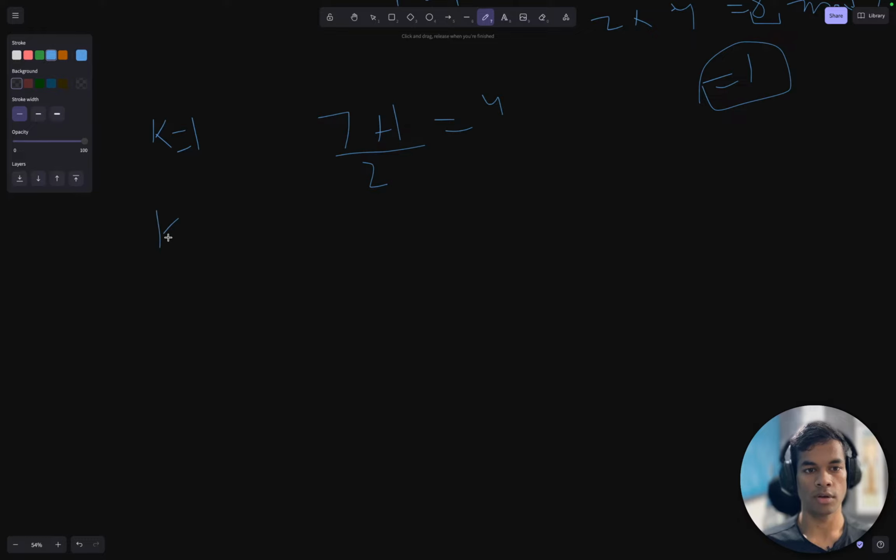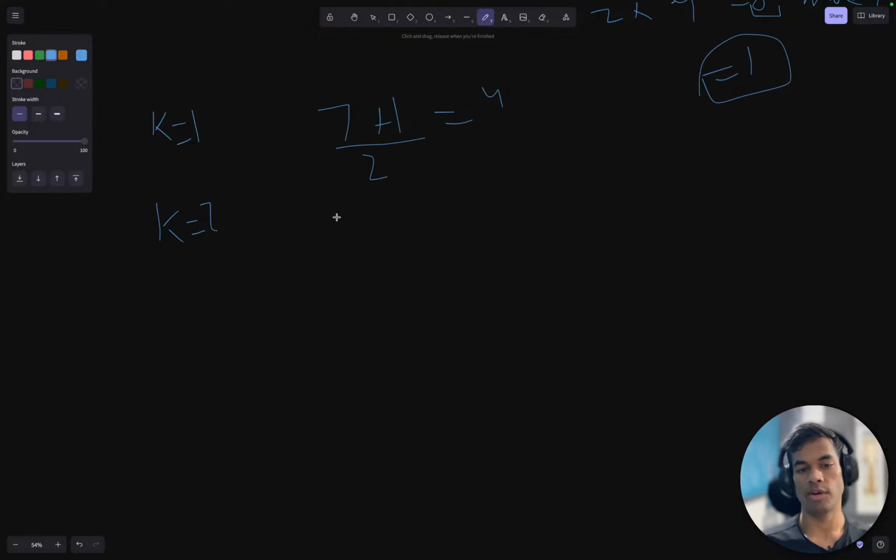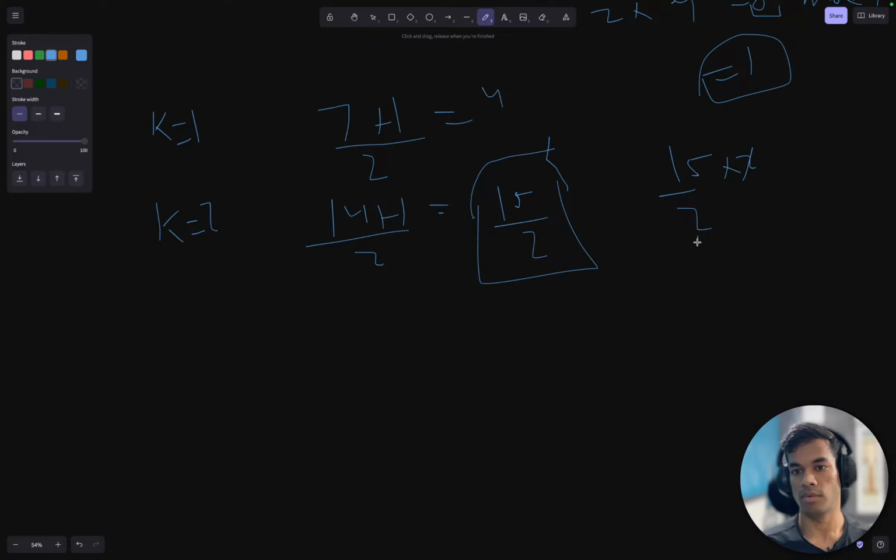If we put k equals 2, then we have 7 into 2, 14, plus 1, that is 15, divided by 2. That is not an integral value with which we can divide, but this is what we have. And if we multiply 15 by 2, we get 15, and 15 mod 7 is also equal to 1. So this thing also works.